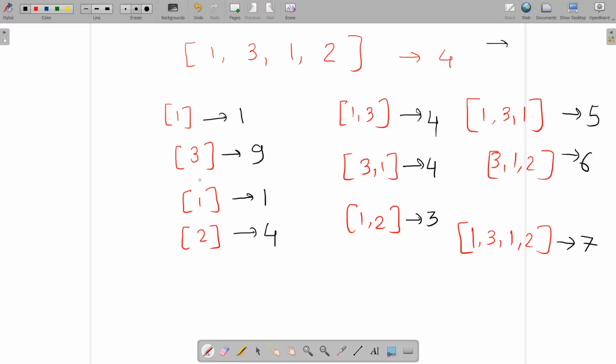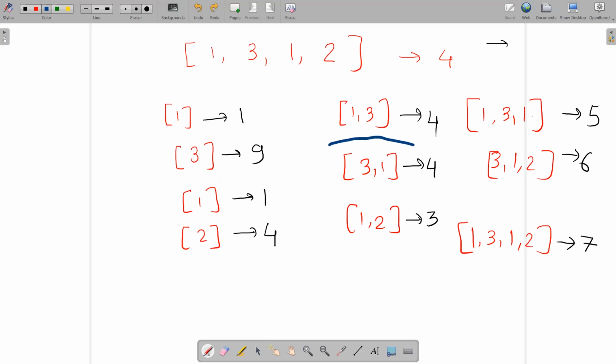Here I have taken example 1, and the size of this array is 4, so there will be a total of 10 subarrays. I have extracted every subarray and written down its strength. For every subarray, the strength is the minimum element times the sum of the subarray. Here the minimum element is 1 and the sum of the subarray is 1, so 1 is the strength of this subarray.